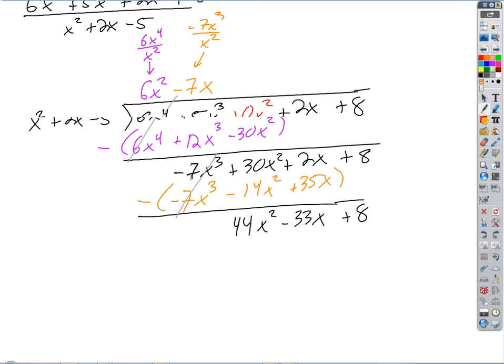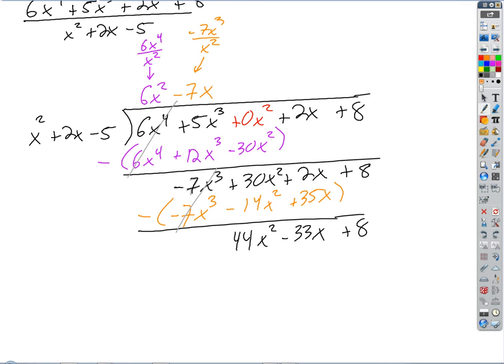Okay, now what? Same thing. How many times does this x squared go into 44x squared? 44. So I'll distribute the 44 all the way through. 44 times 2x, 88x. 44 times negative 5 is what, negative 220?